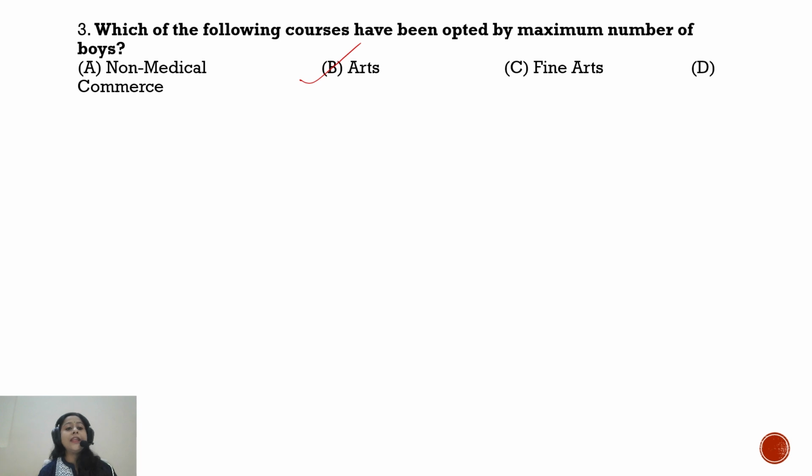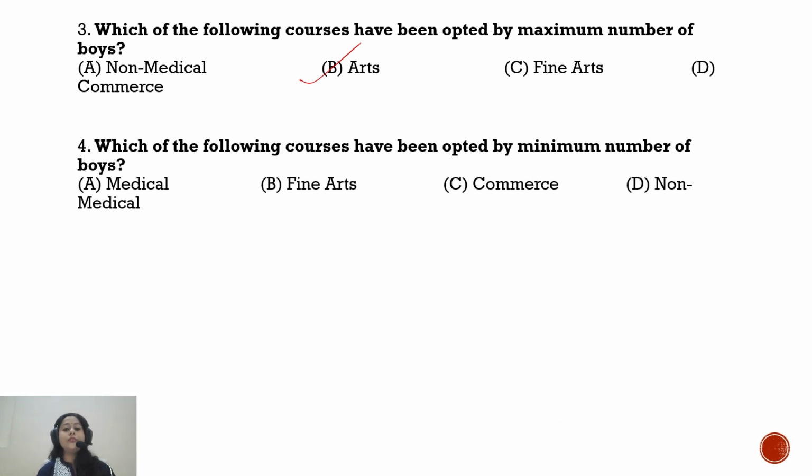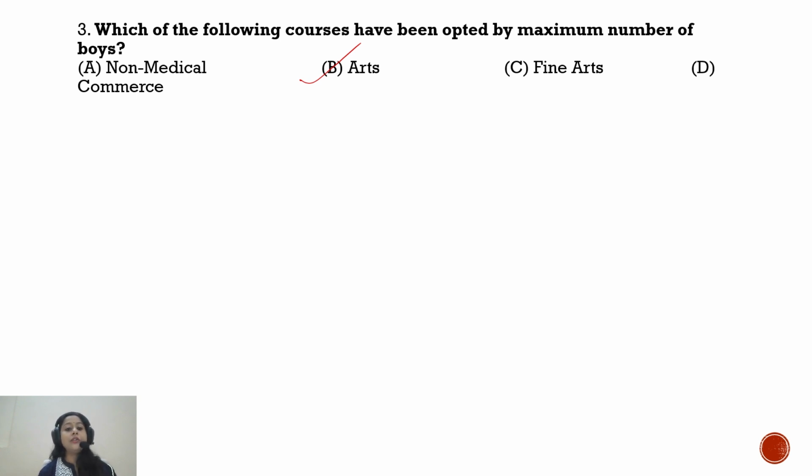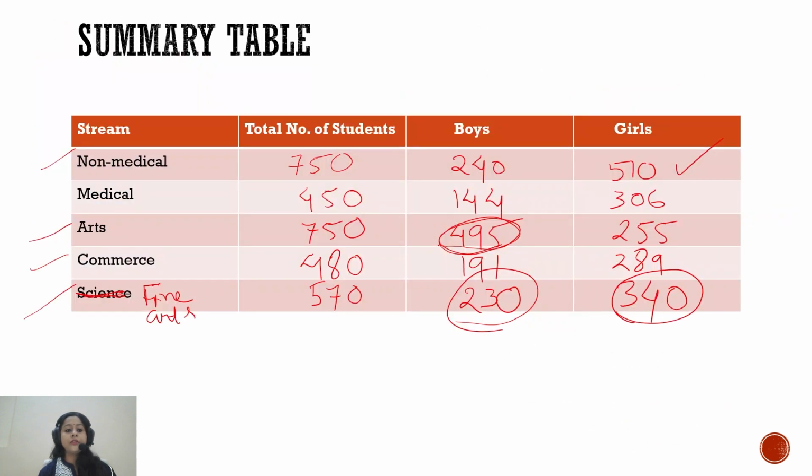Option B. The next question is, which of the following courses have been opted for by the minimum number of boys? Given are medical, fine arts, commerce, and non-medical. Out of these four, we look for the least number of boys.